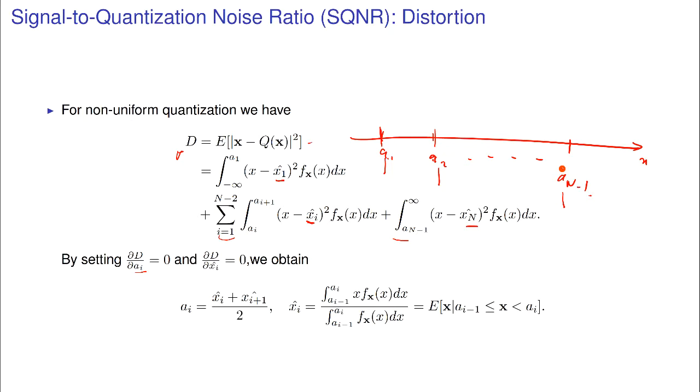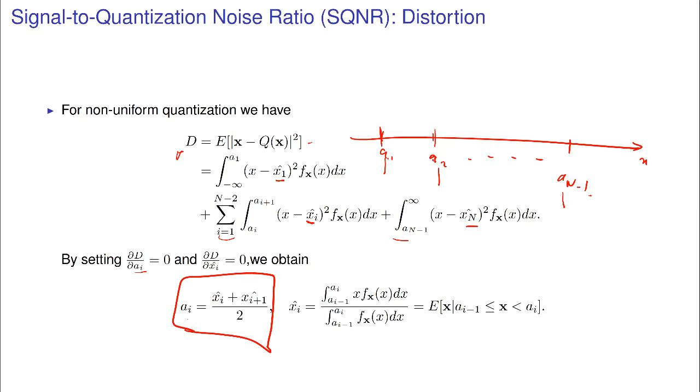If you do that and set it equal to 0, with some math you will find that ai is equal to the midpoint of the two successive quantized values. So the boundary of the regions, if you know the quantized values, regardless of your PDF, regardless of the distribution of the input, and regardless of anything else, is just the midpoint.